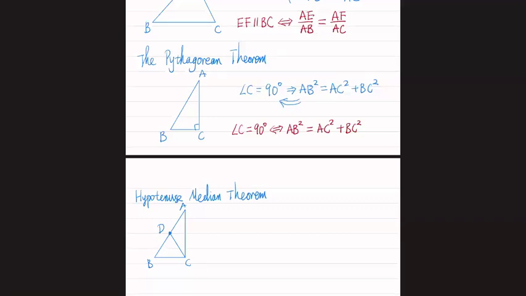Okay. Initially, we stated it as this: if this is the right triangle, then the median, so the condition that D is the midpoint of AB.